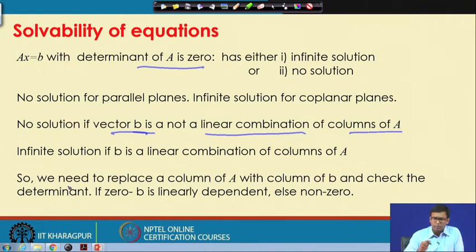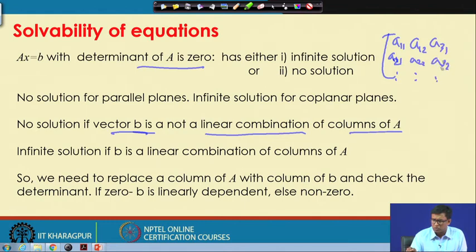Now, it might happen, say I have 4 columns of A: A11, A21, and so on, A12, A22, and so on, A31, A32, and so on, and A41, A42, and so on, and this is my b: b1, b2, and so on.